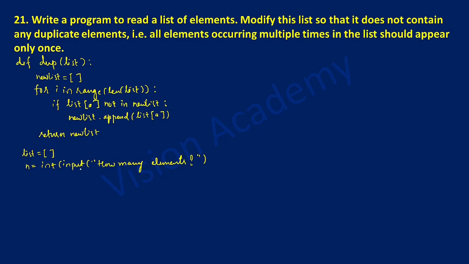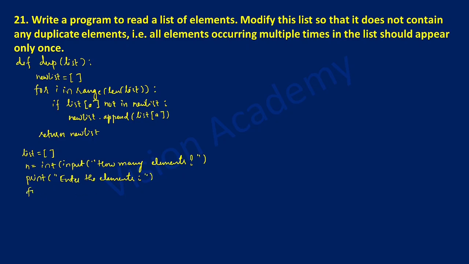Close the bracket, and here ask the user to enter the element using print statement. Here I'm going to write in a double quotation mark, enter the elements, and close the bracket over here.